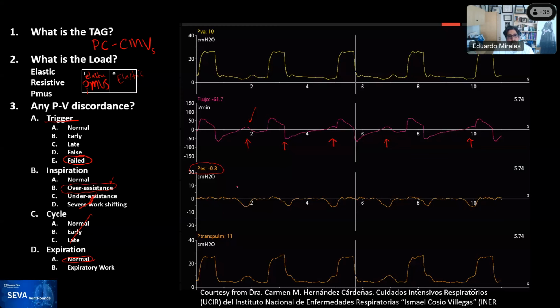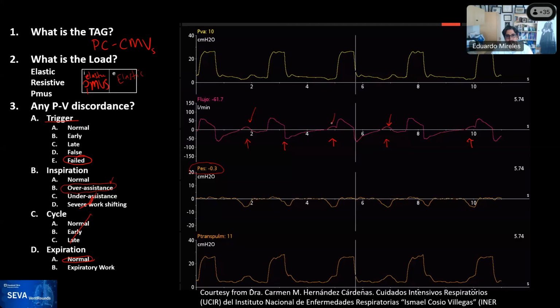Yeah, so this patient is going at its own rhythm, independent of what the ventilator is asking the patient to do, completely out of sync. And the ventilator actually doesn't even know that the patient is trying to trigger. The flow sensitivity on this ventilator is not set in a way that it's detecting the activities from the patient, because this should be triggering a breath if the ventilator was set on the appropriate flow threshold.